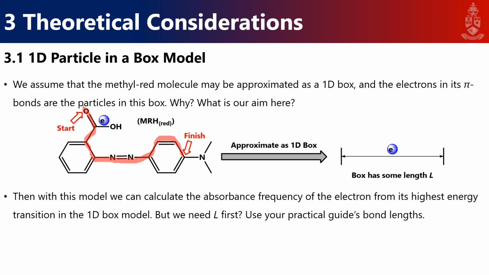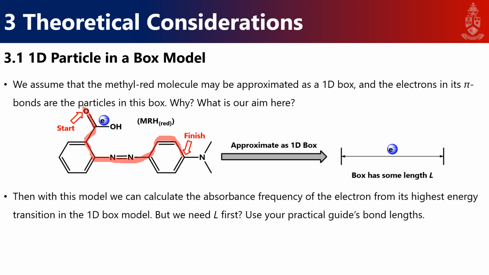That is where you start and finish. The Practical Guide gives you a summary of sp2 oxygen, sp2 carbon, and sp2 nitrogen bond lengths. So you can determine the 1, 2, 3, 4, 5, 6, 7, 8, 9 bond lengths and sum them up together to get L.